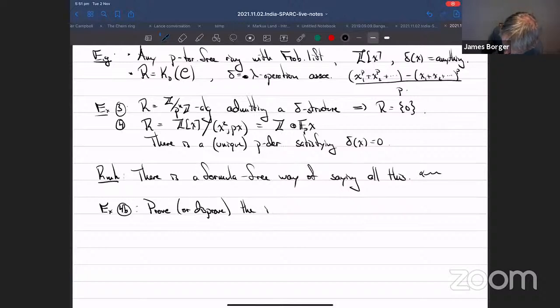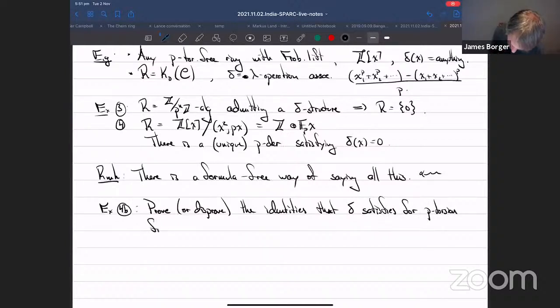The identities that delta satisfies for p-torsion free rings are generated by 1 through 4.